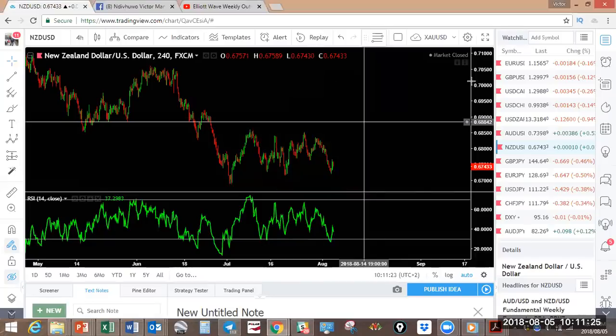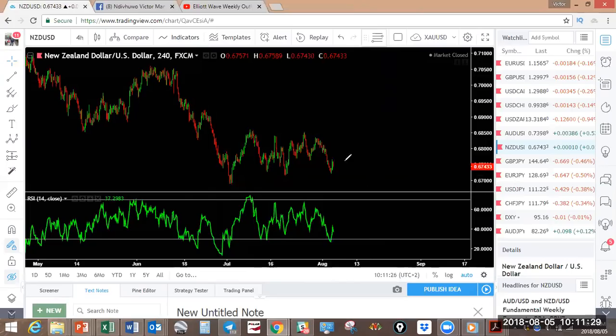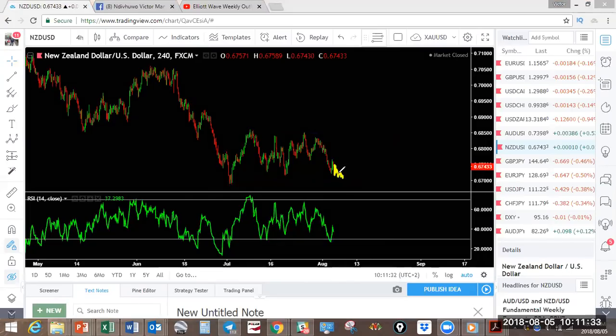So both Audi, US dollar and New Zealand may give you these V patterns, while the euro is giving the last drop. The Audi is giving the last drop. You may be getting something like this, a little bit of a drop before you get up and then down. Okay, so that's what you're going to be looking at on both.